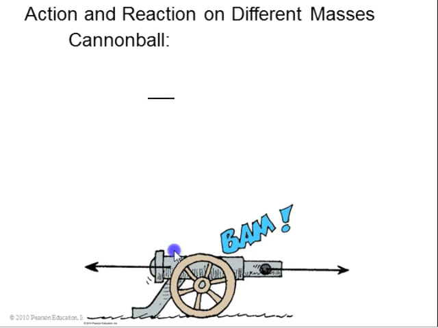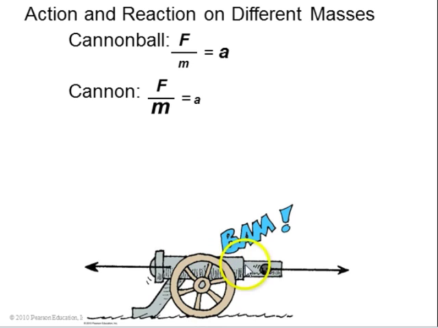So look at this cannonball. The cannon exerts a force on the little cannonball, and that accelerates the cannonball. But the cannonball exerts an equal and opposite force on the cannon.